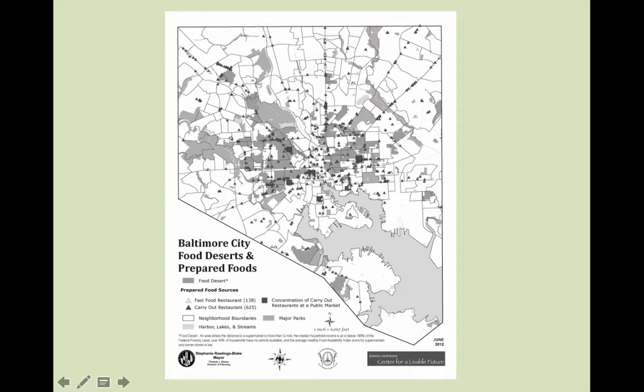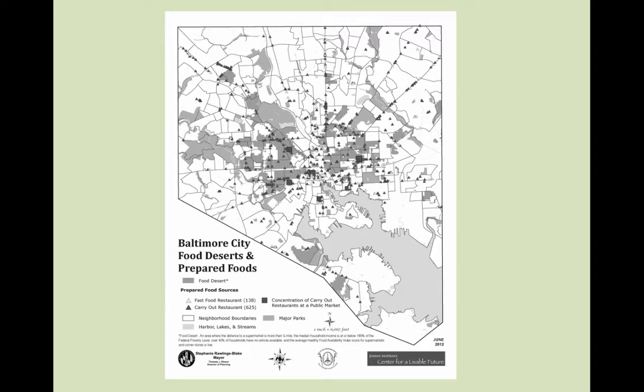The solid lines represent neighborhood boundaries, and the darkest gray here is going to be where we find carry-out restaurants at a public market as well. So once the city of Baltimore identified these influences on their food environment, the next thing that they did was start finding ways to improve food access in the areas that they identified as food deserts.